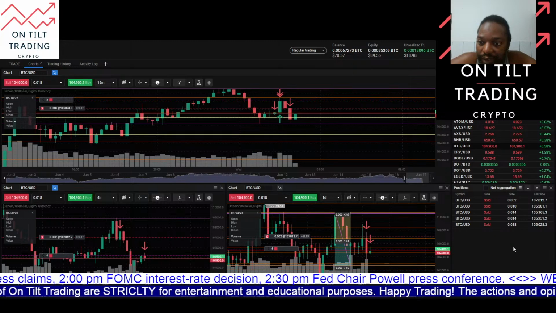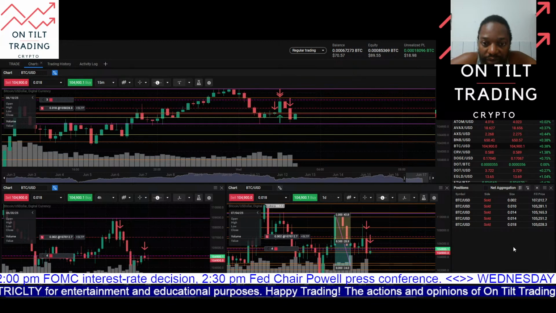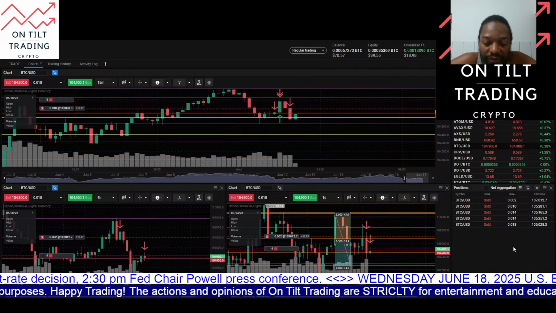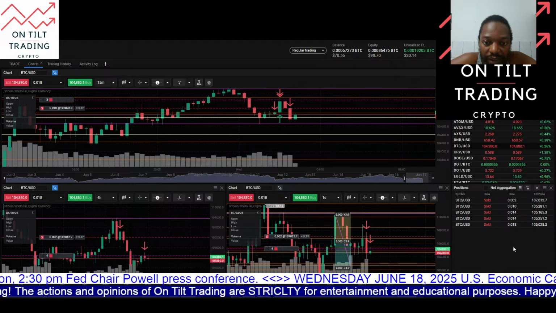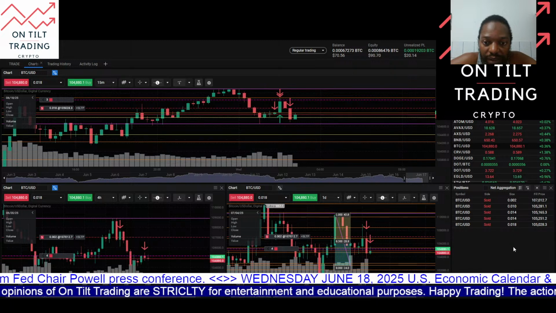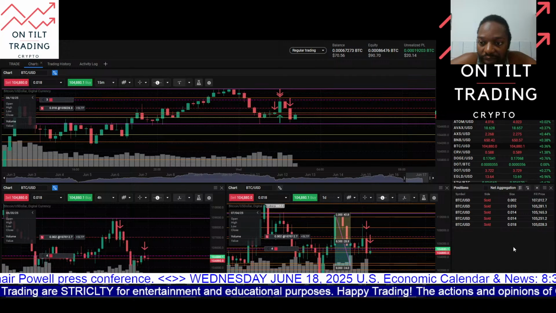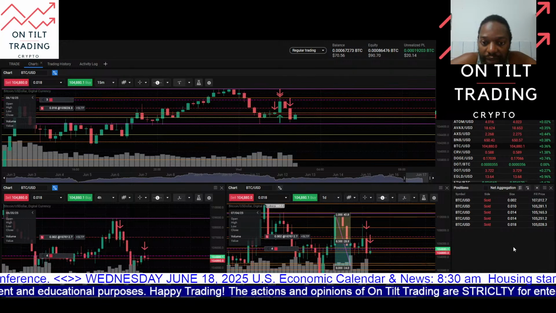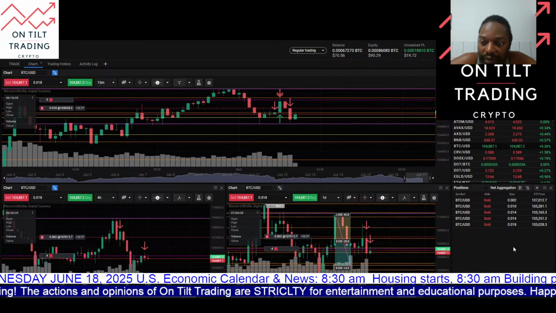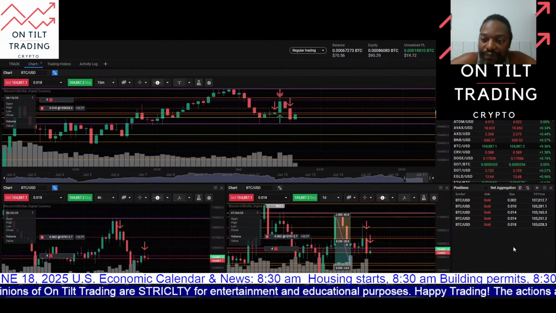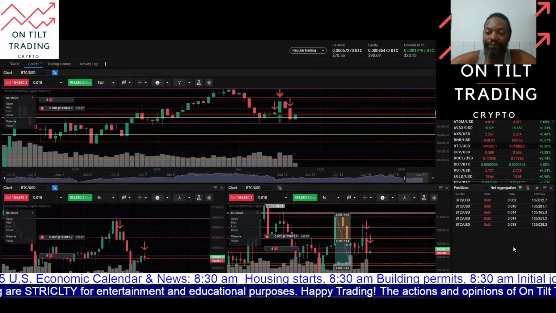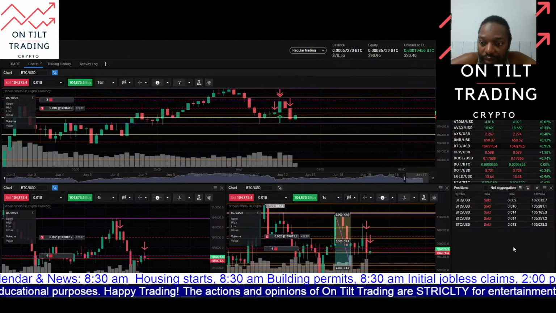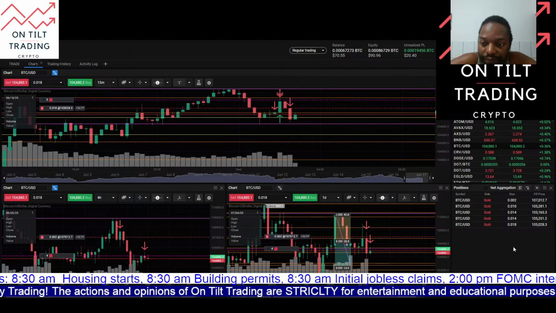So Bitcoin is now trading at 104,900 and has just reached a reaction level, and is having a reaction from that level. Price being delivered to the sell side currently, and now consolidating.